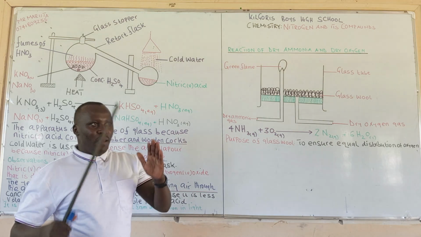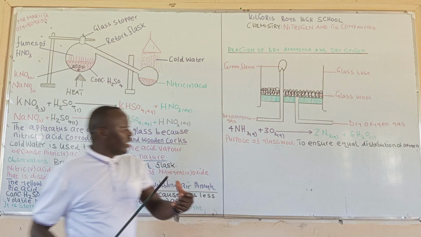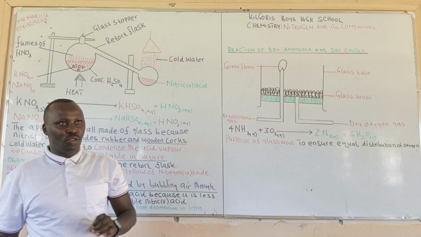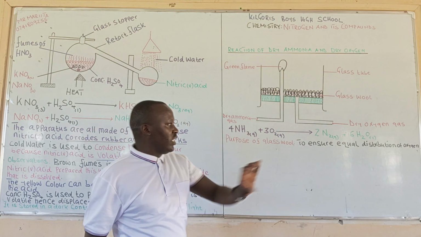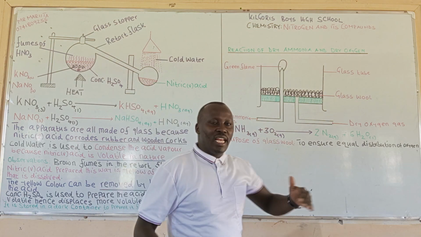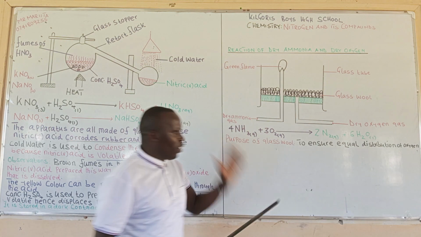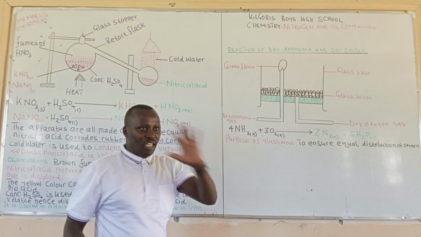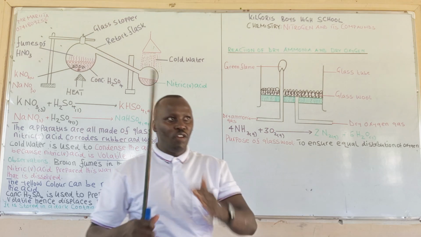Now, the main thing we are supposed to understand from this reaction is the purpose of the glass bowl. What is the purpose of the glass bowl? The purpose of the glass bowl is to ensure that there is an equal distribution of oxygen.